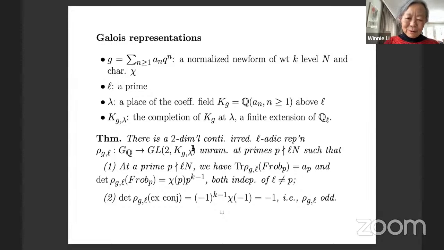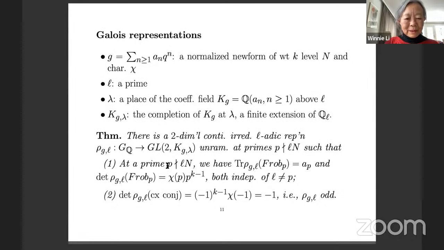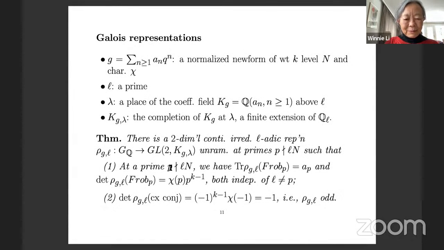Sometimes people call that a lambda-adic representation, but I would just call it an L-adic representation. At an unramified place P, the trace of the Frobenius at P is equal to a_P, the P-th Fourier coefficient of g, and the determinant of the Frobenius at P is chi(P) times P to the k minus 1.